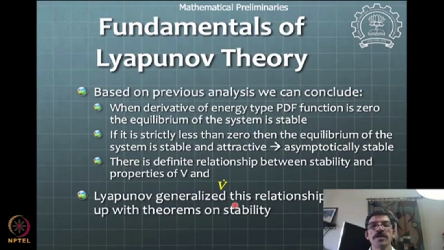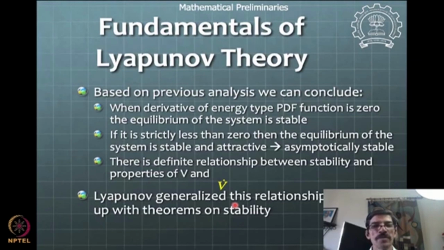So Lyapunov gives all the necessary conditions. If you are able to find a function satisfying the conditions, then you have a result. If you are not able to find one, we cannot say. Those are the kind of conditions that typically the theorem has. So these are one-way arguments.